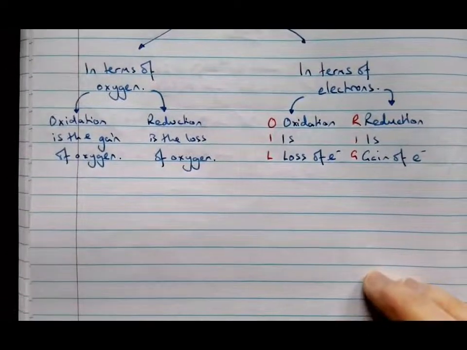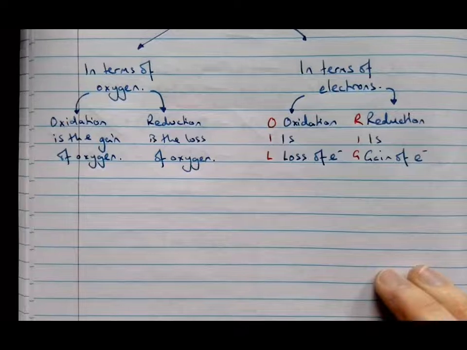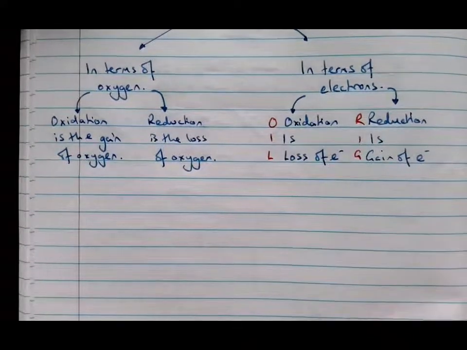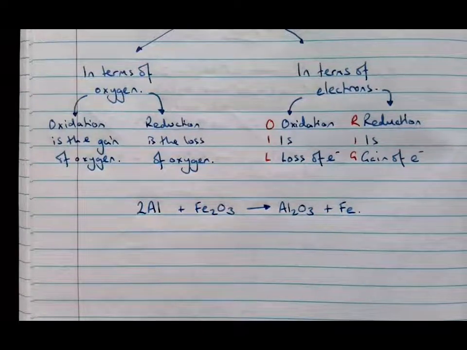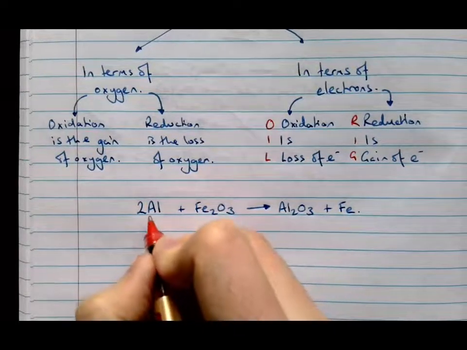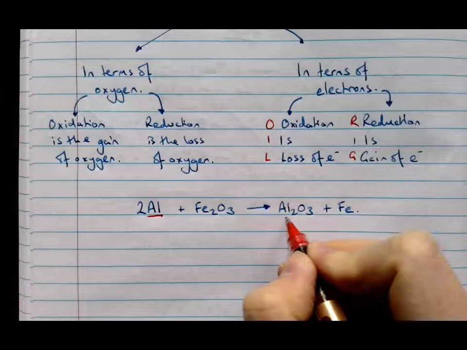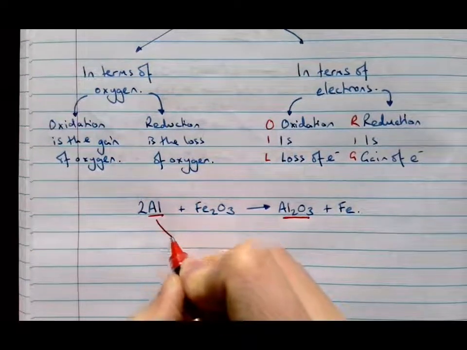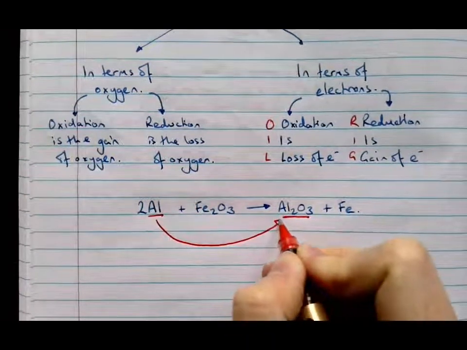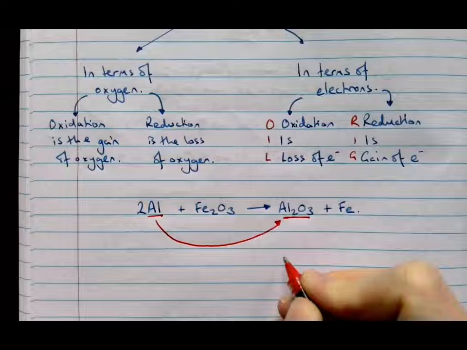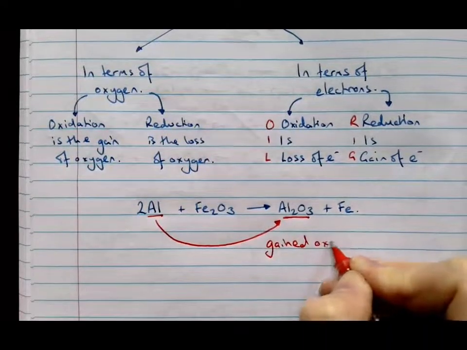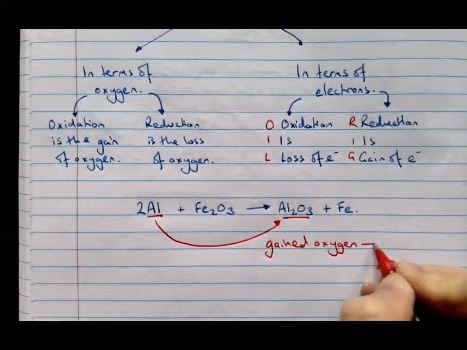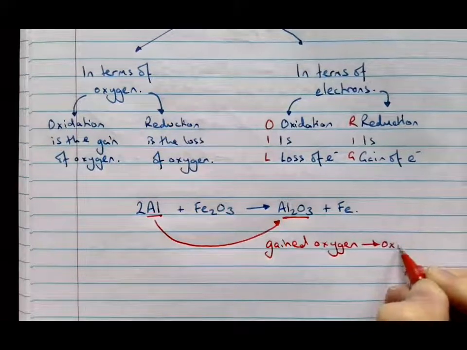Okay, so let's have a look at some examples of what this looks like. So if I write out an equation, we can see that I start here with aluminium and I end up with aluminium oxide. So I've gone from aluminium to aluminium oxide. All right, that has gained oxygen, so it is oxidation.